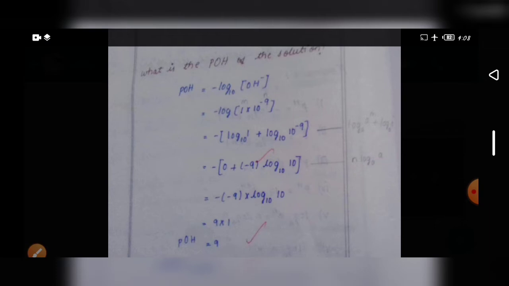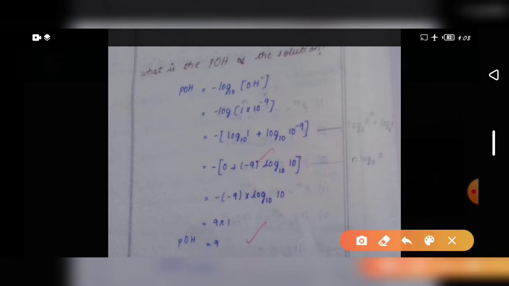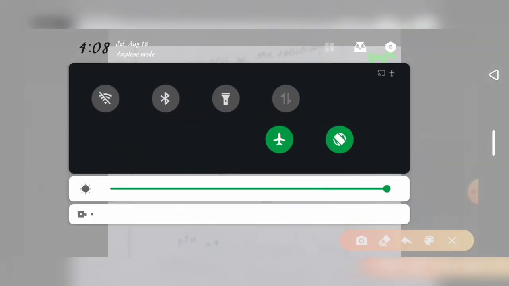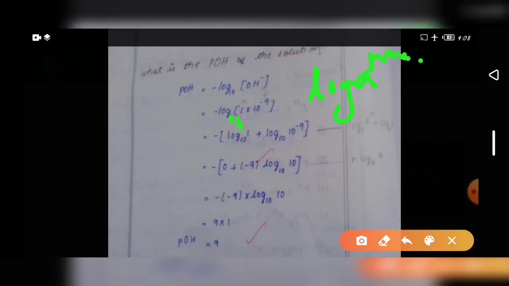Minus log of, here 1 into 10 power minus 9 will become. See here you want to put it. Next log of A power M into N format, you have to split this like minus of log of M plus log of A power N format. Now I split it and write here.